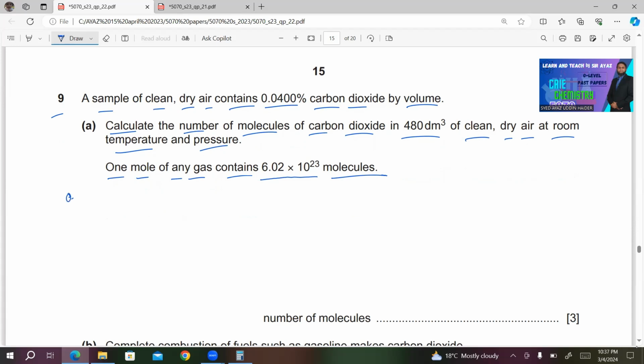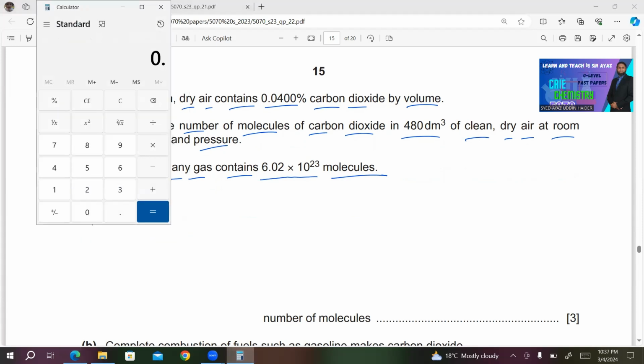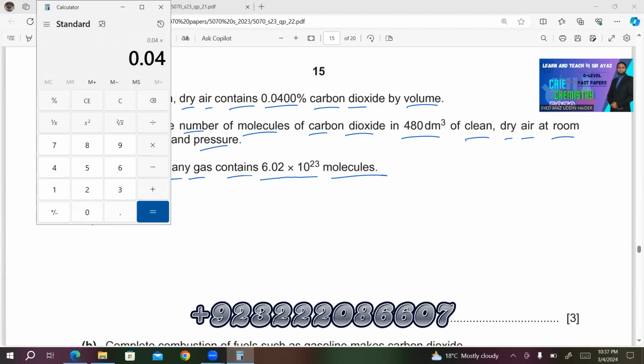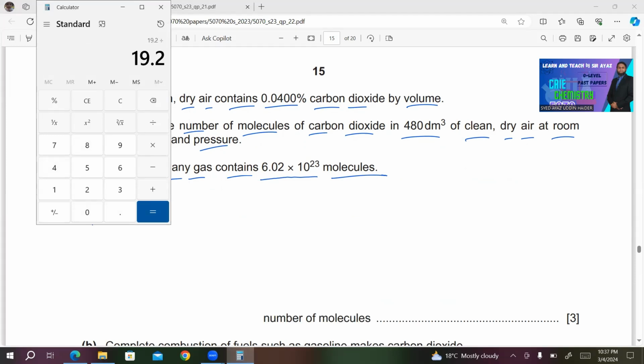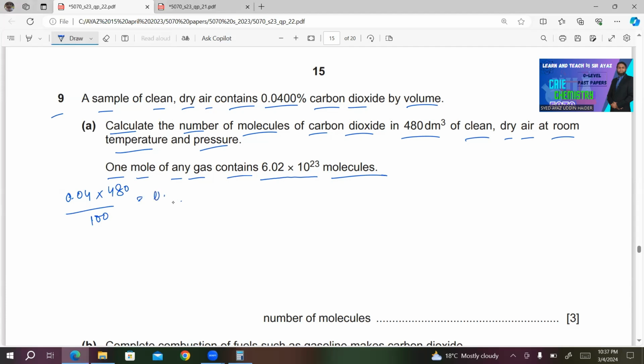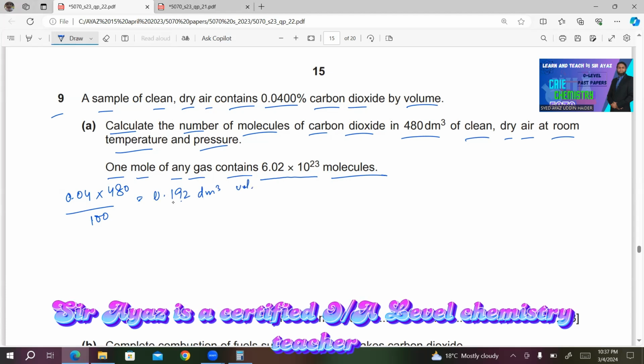So 0.04 multiplied by 480 divided by 100 gives 0.192 dm cube. This is the volume of carbon dioxide.